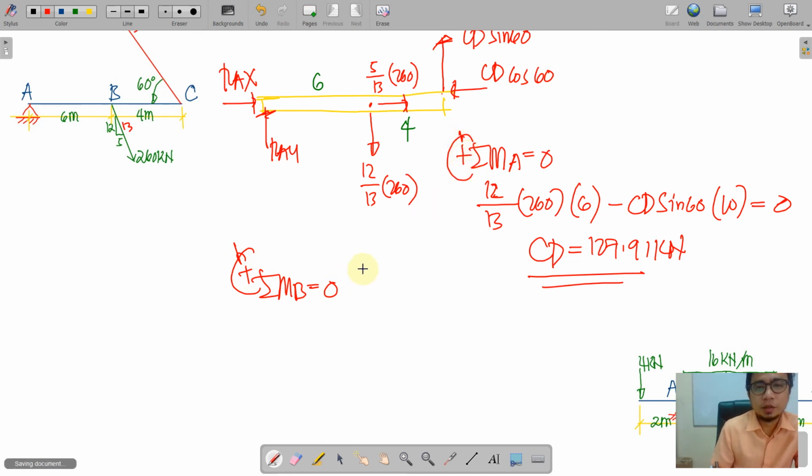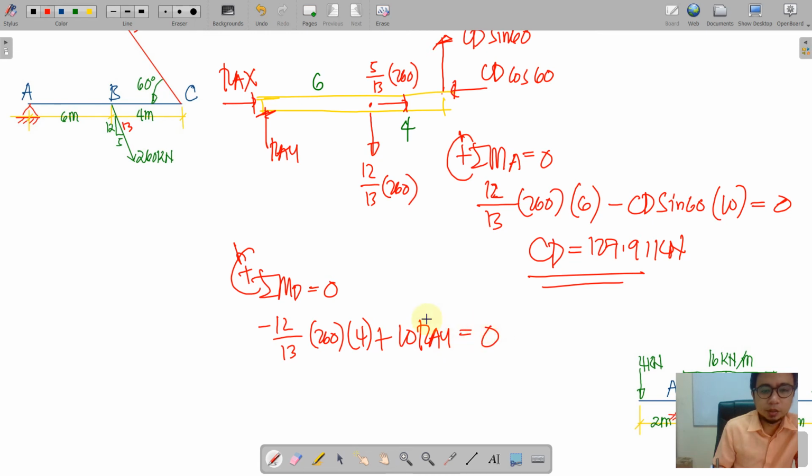We have, I think from D, okay, from D we have negative 12 over 13 times 260 times moment arm of 4 plus 10 RAY is equal to 0. So RAY is 1296.